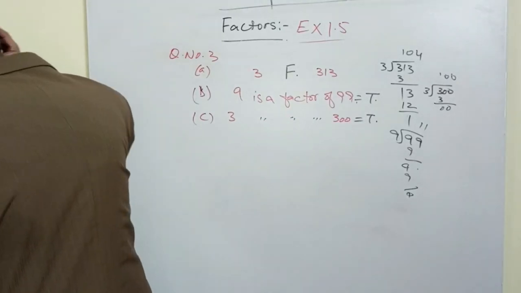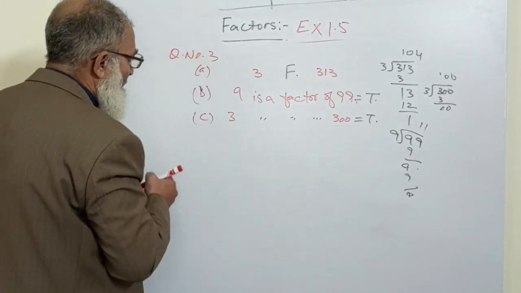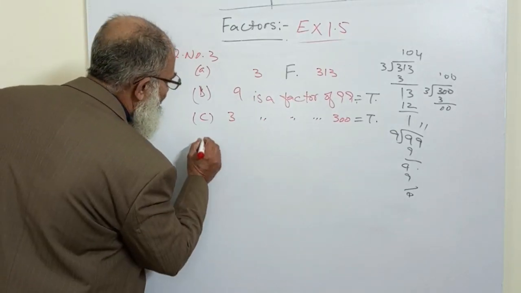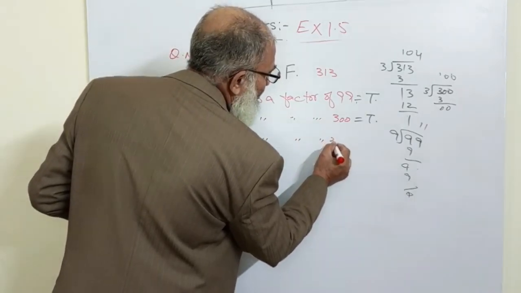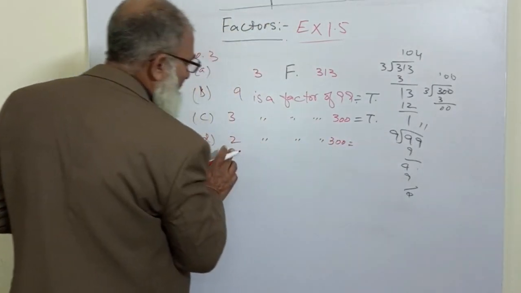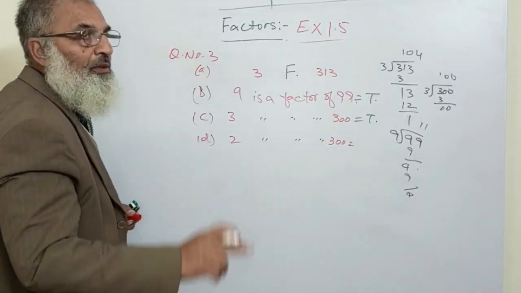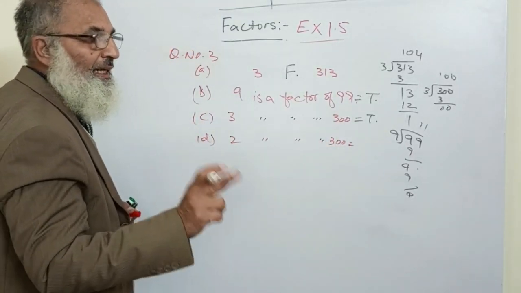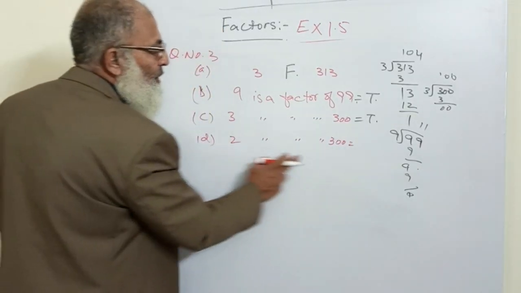Part D, 2 is a factor of 300. As I told you, if you get 0 or an even number at the end of any given number, then it is divisible by 2.